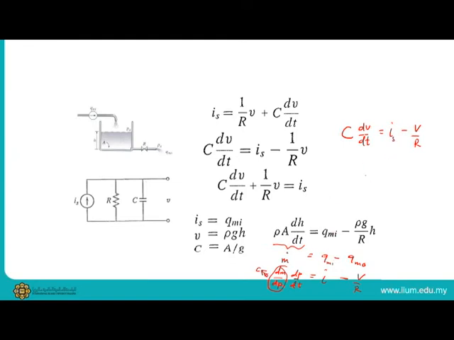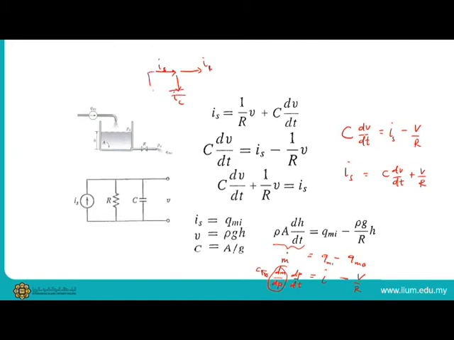If you rearrange this, you get Is equal to C dV over dt plus V over R. And if you look at it using Kirchhoff's current law, you get Is equal to I in the capacitor, Ic, since C dV over dt is Ic, plus I in the resistor, Ir. Right? So the source must be connected to the capacitor.